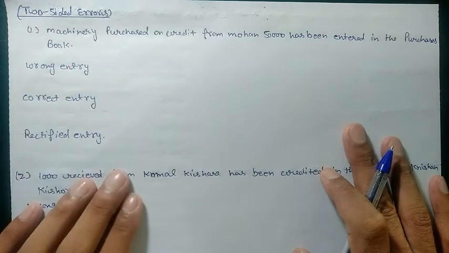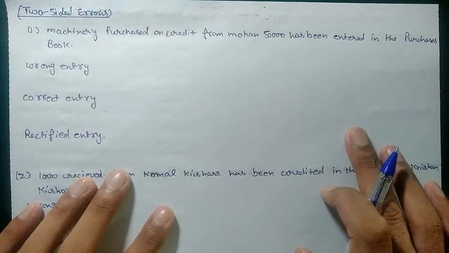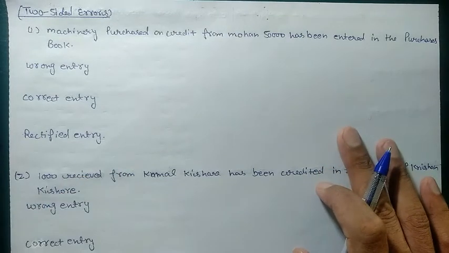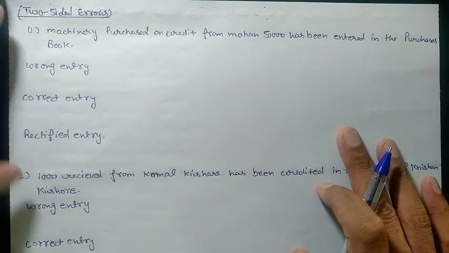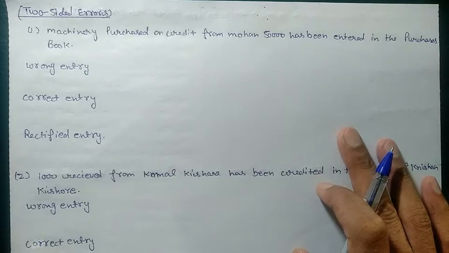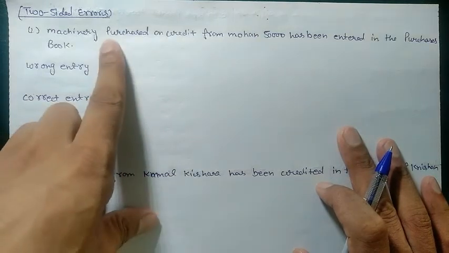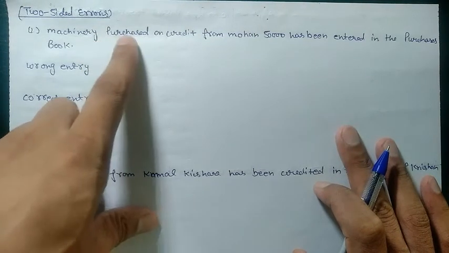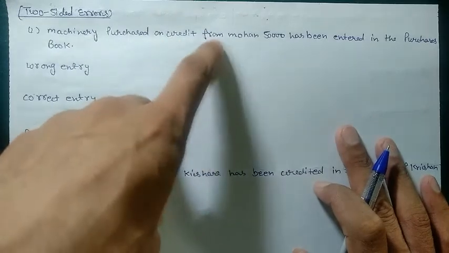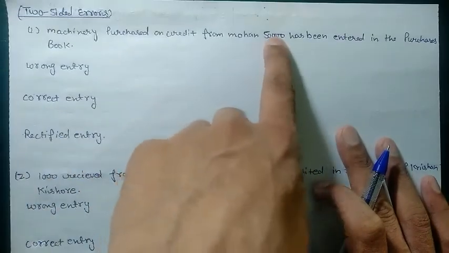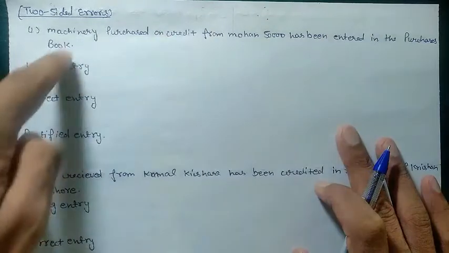So I have a few examples to tell you how to rectify double-sided error and what type of error we found in double-sided error. We have a question: machinery purchased on credit from Mohan for 50,000 has been entered in the purchase book.